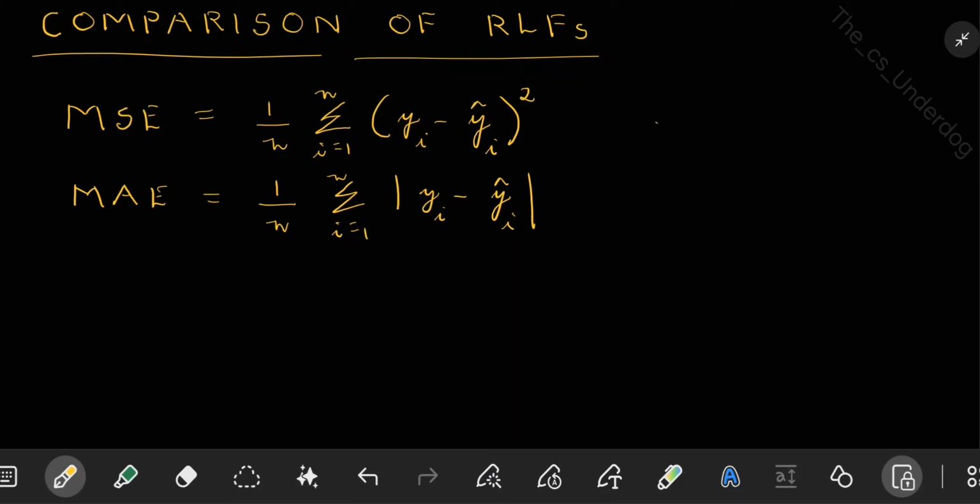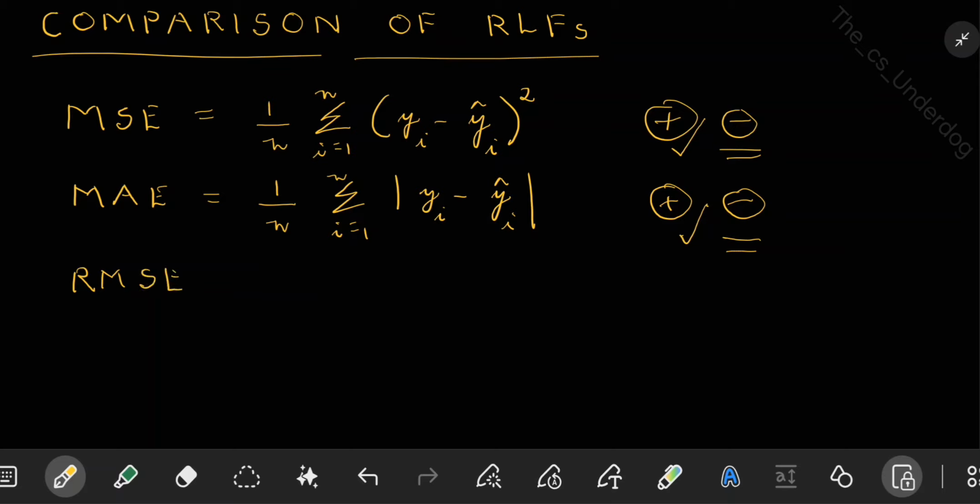But then we had seen that there were some positives for mean squared error, some positives for mean absolute error, some negatives here, some negatives here. What did we do then? We tried to find something which can have both these positives and see if we can eliminate both these negatives. In that attempt, we had seen root mean squared error.